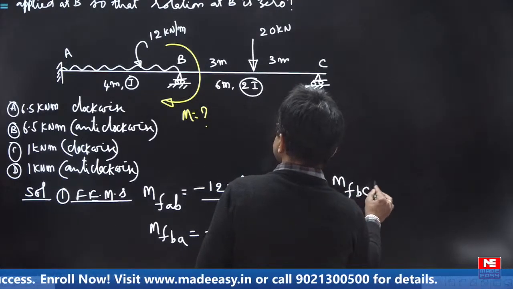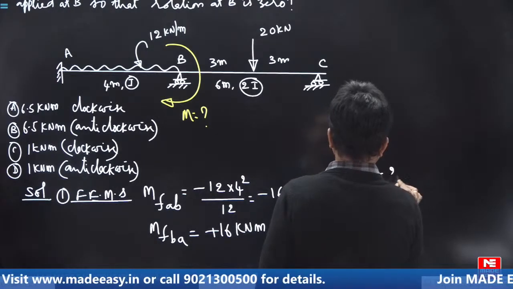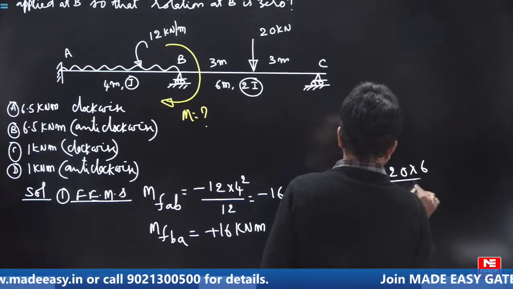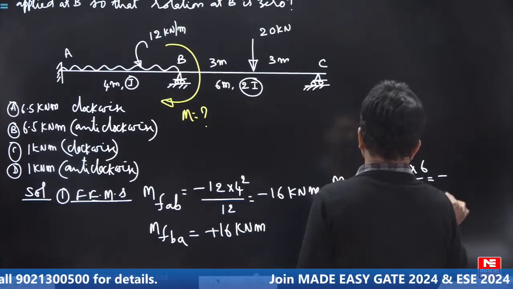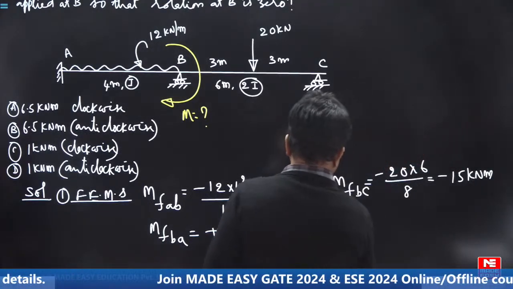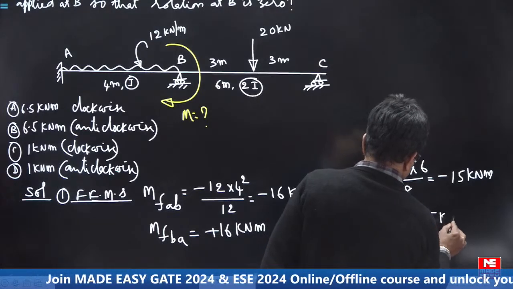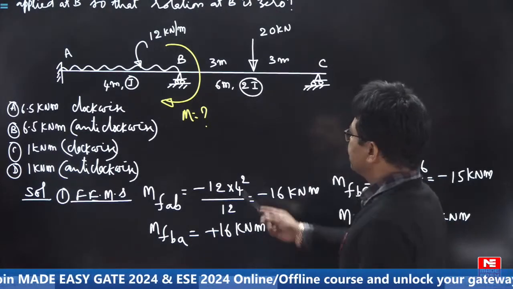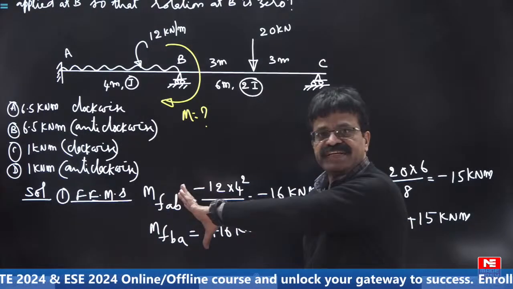Similarly MFBC is minus WL by 8, W into L by 8, so minus 15 kilonewton meter. MFCB is plus 15 kilonewton meter. You see in the process whether I is there, 2I is there, it is not reflecting here at all.